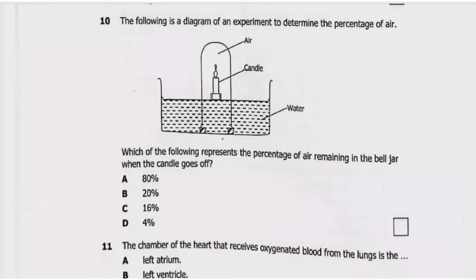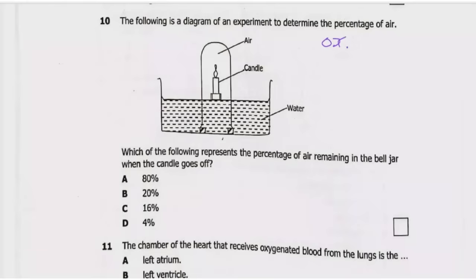Now here, for us to get the correct answer, we should understand the air that supports burning, and the percentage of that air in the atmosphere. The air that supports burning is oxygen.